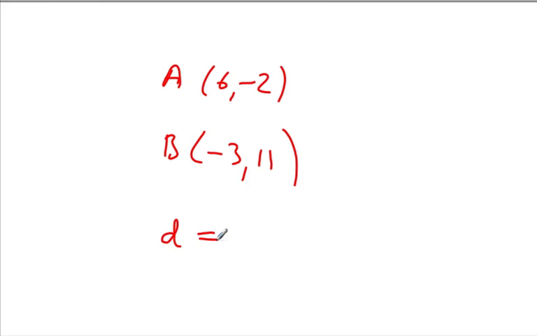Knowing that it's the difference between the x's and the difference between the y's, then the 6 and the negative 3 are the x's. So as long as you're consistent and go, say, the top ones minus the bottom ones, what does 6 take away negative 3? 9. So our formula says it's the square root of the difference between the x's squared and the difference between the y's. What's negative 2 take away 11?